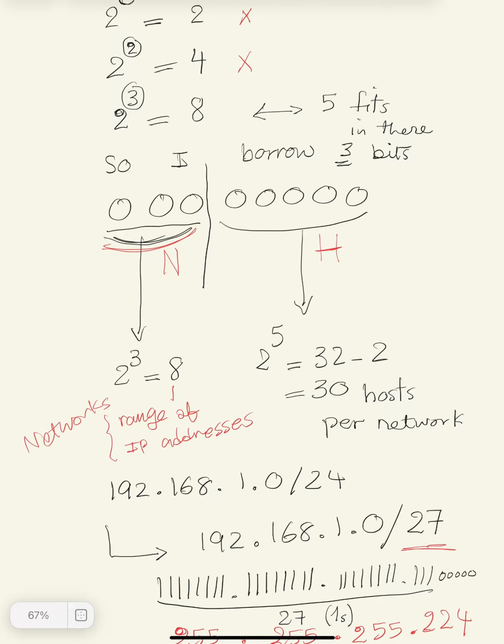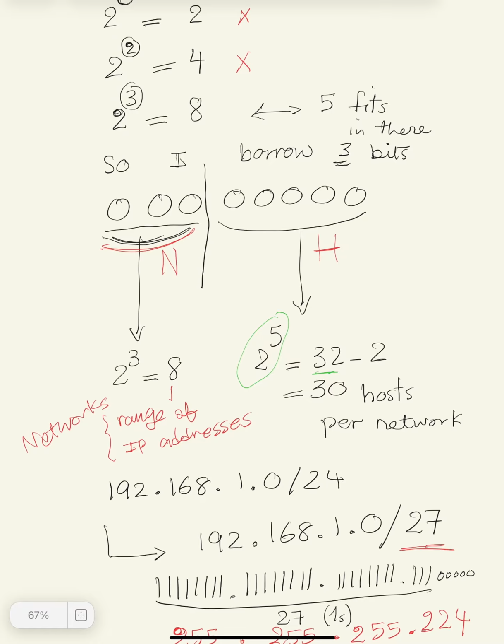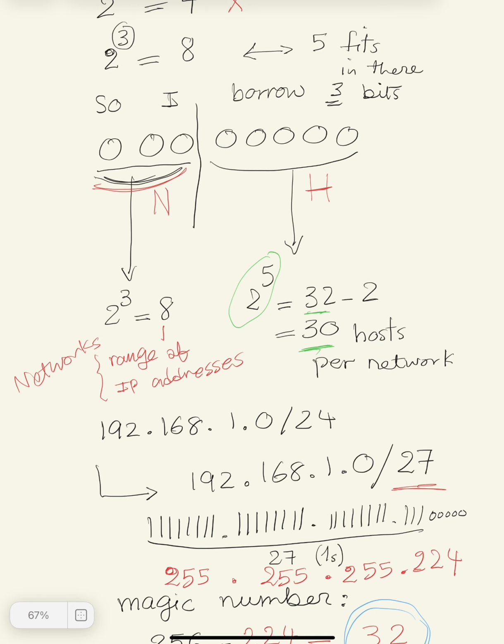And then in each range I have 2 to the power of 5, which is 32, minus 2 for hosts, which means that in each network I can have 30 hosts. Why do we take away 2 from it? Because in each range, 1 is taken for the network address and 1 is taken for the broadcast address.